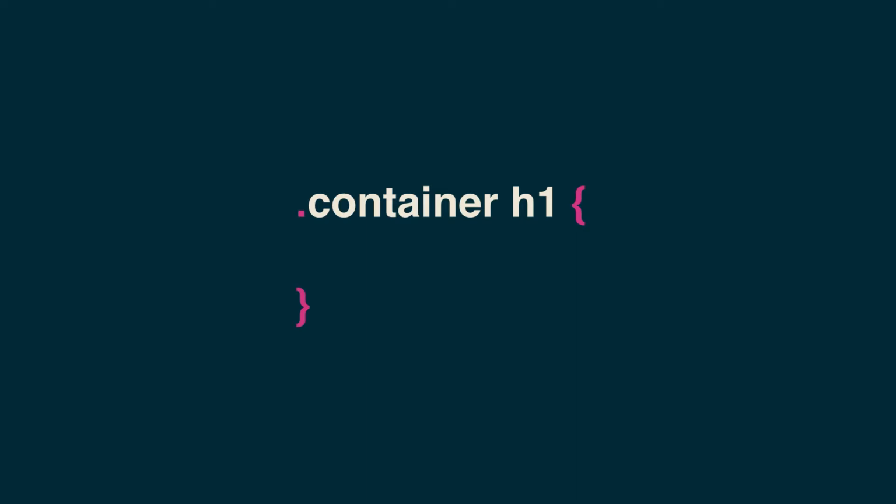So when you have a selector in CSS, whenever you have one item, space, another item, it's kind of like reducing everything down. Keeping up with the slides, we have the H1, which is a child of the container, which is the parent.